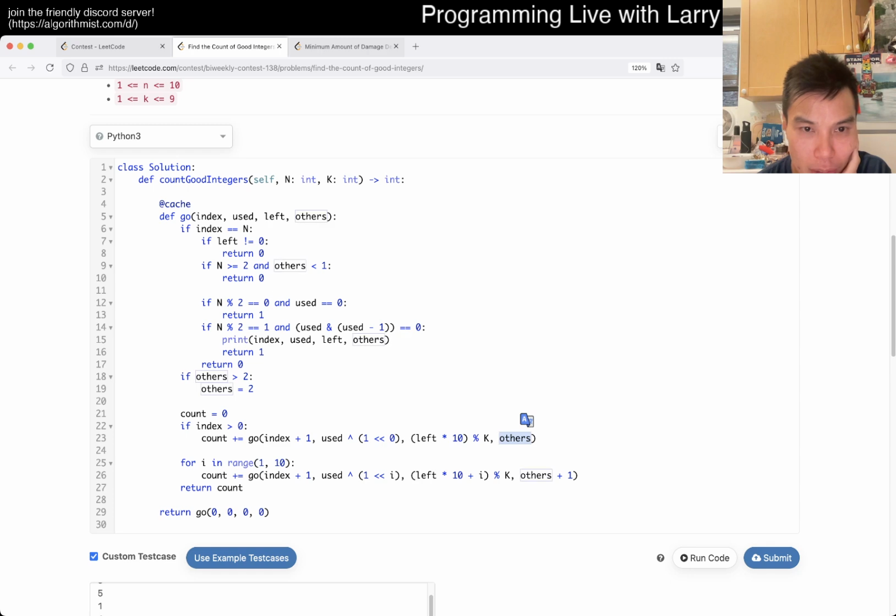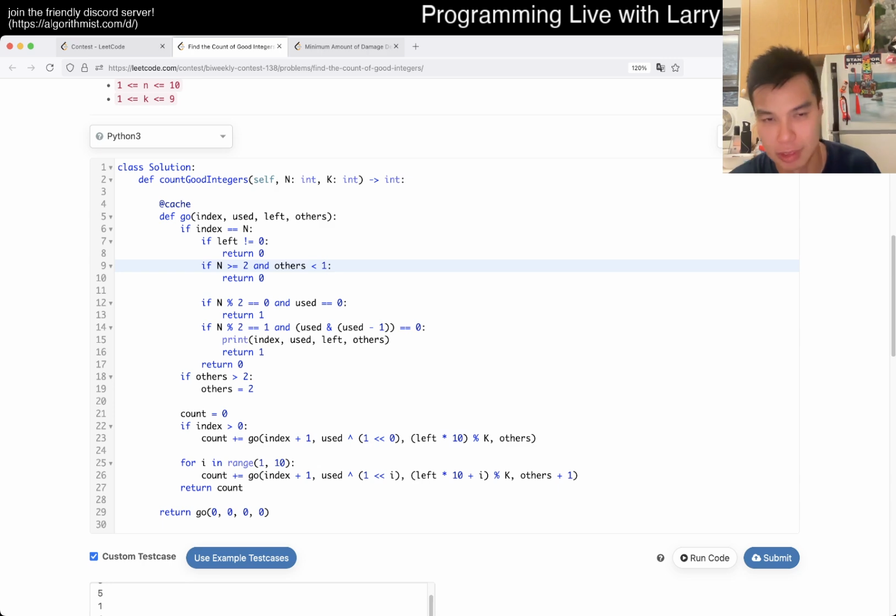So non-zero. How? So that means that we have 9. What does others mean? Oh, that means it's just that everything is not 0. So okay, I guess that's fine.